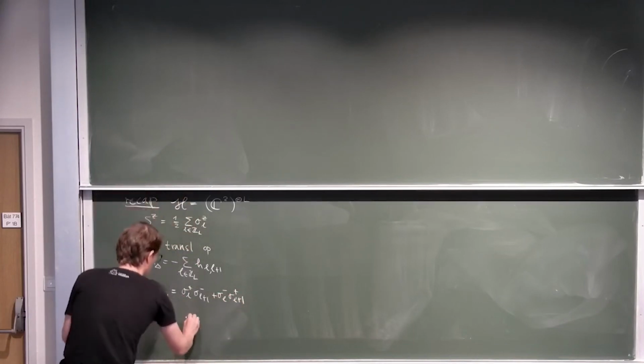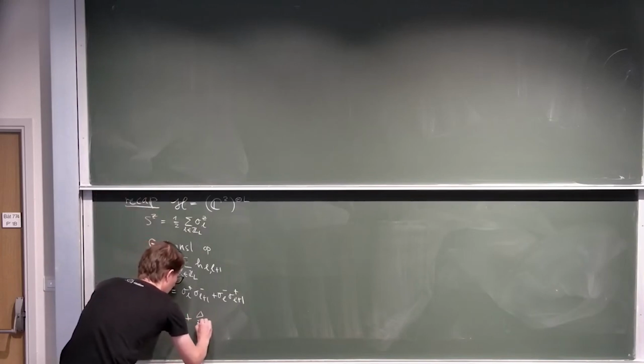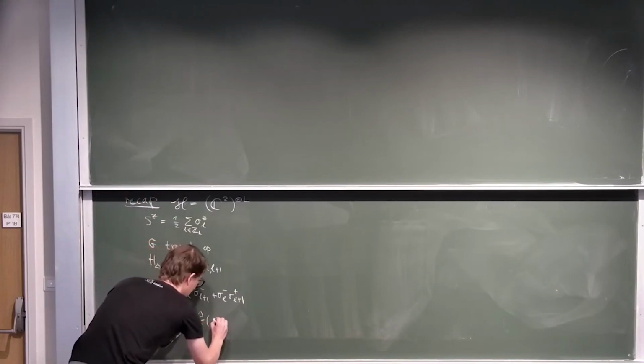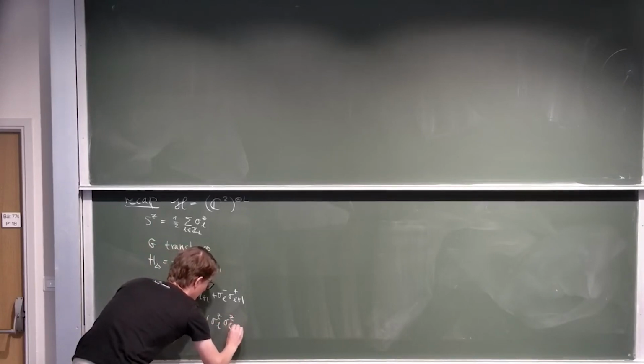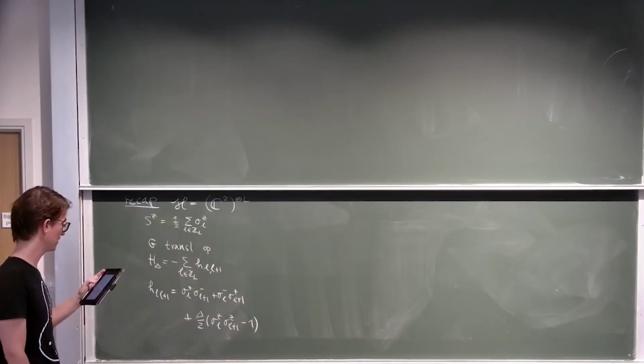And then there was the potential part, which is delta over 2, sigma z at l, sigma z at l+1, minus the identity just to set the up vector to energy 0.